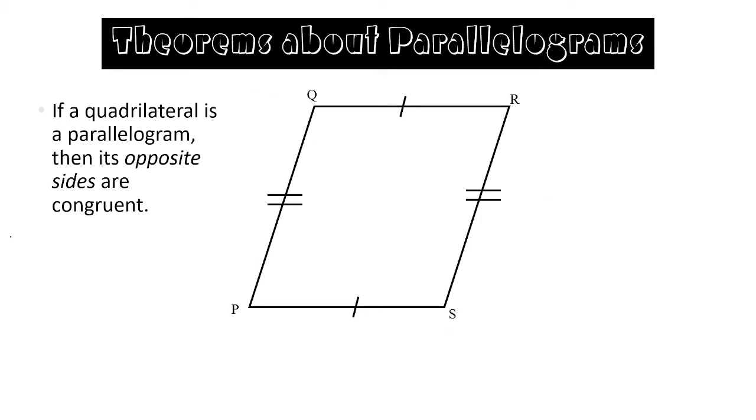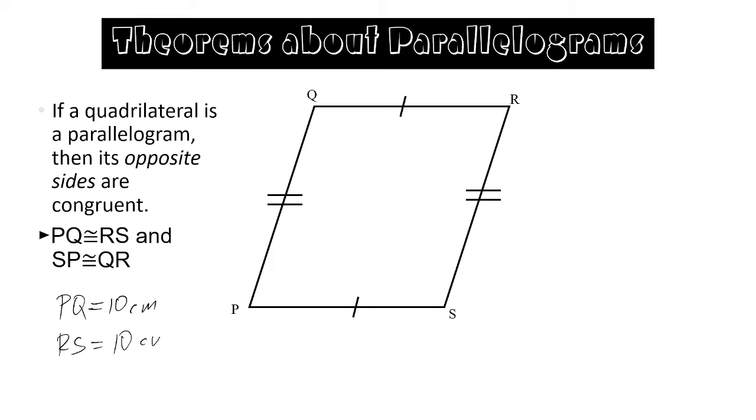Okay. Ilista natin dito. PQ congruent to RS and SP congruent to QR. For example, PQ is equal to 10 cm and RS is also equal to 10 cm.